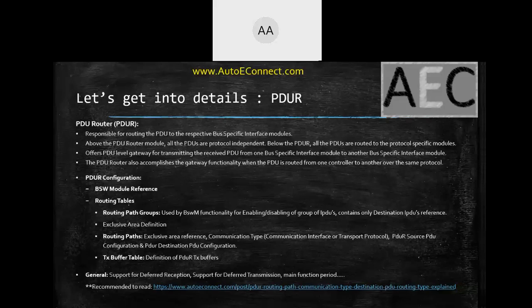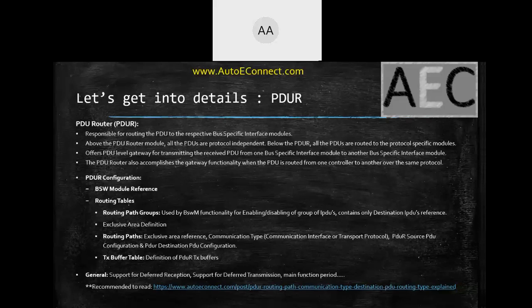In case of gatewaying, it will generally be between the interface modules of different communication layers. For example, if I am gatewaying a message directly from Ethernet to CAN, the source will be the socket adapter and the respective socket adapter related PDU as the reference for the source, and on the destination side it will be the CANIF module and the respective CANIF related PDU, which you will again be referring from the ECUC like we have discussed earlier.